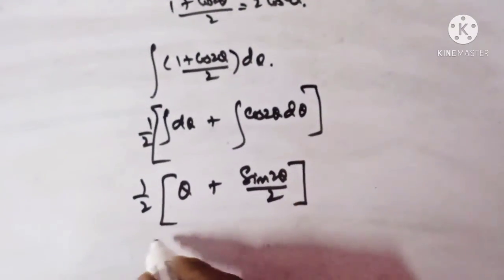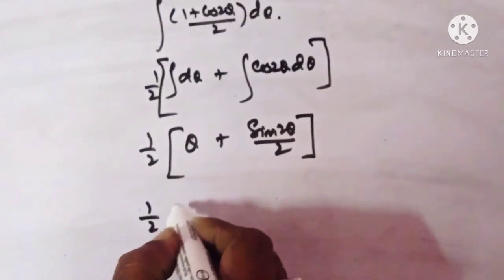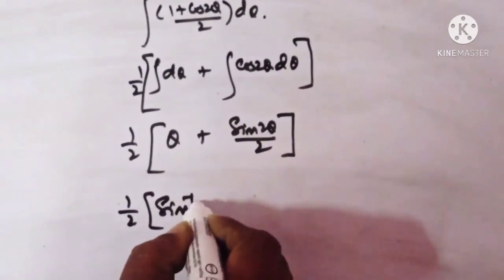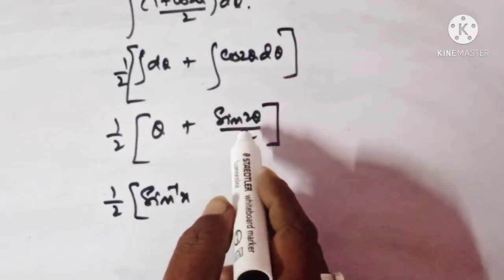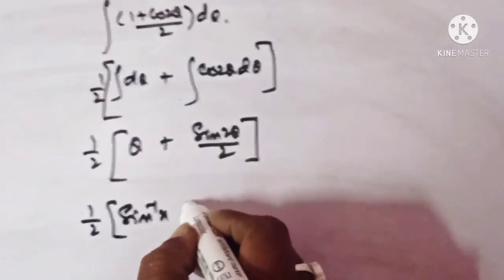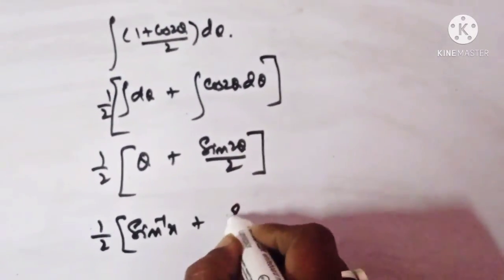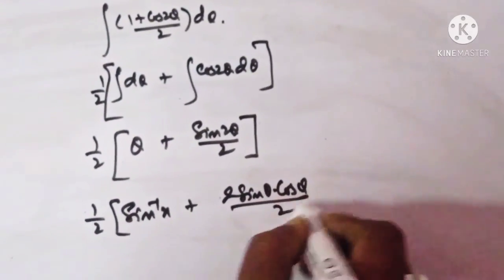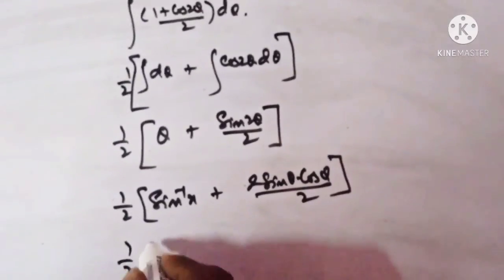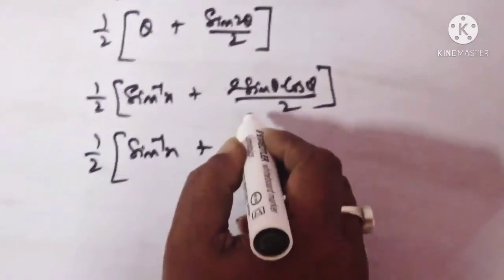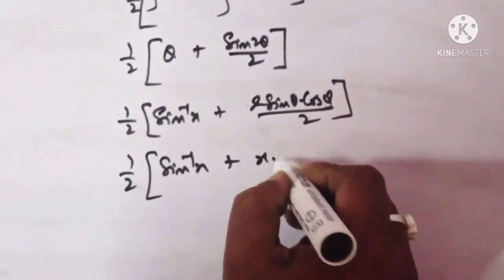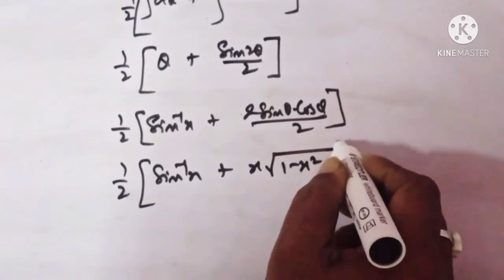So now 1 by 2, my theta will be sine inverse x, and here this is sine 2 theta by 2, that is 2 sine theta cos theta by 2. So 1 by 2, this is sine inverse x, 2 cancels out, and sine theta is your x, and cos theta is root over 1 minus x square.